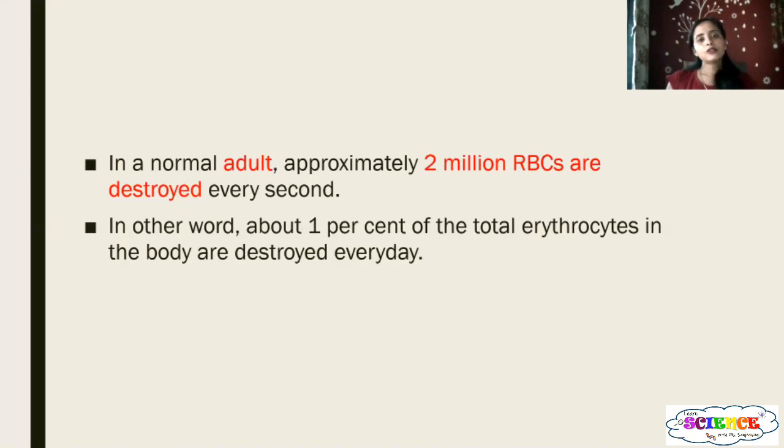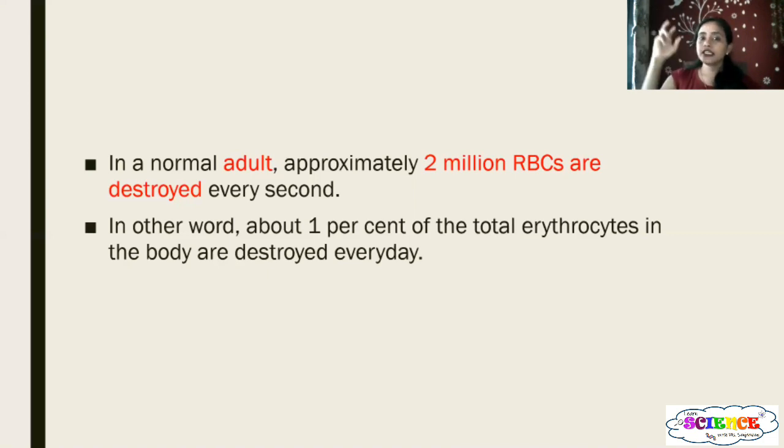It is also found that people living in hill regions show more RBCs. Now think, why do people living in hill regions have more RBCs as compared to a normal person? Their RBC number increases by approximately 30%. As we go up in the atmosphere, the level of oxygen decreases.